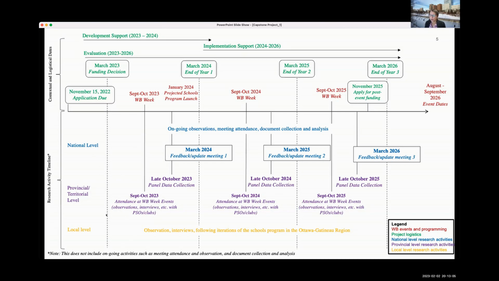So here you see all the things that are going to happen. We're going to have wheelchair basketball week events in the province, but we are also going to have, in this area here, projected school programs. So we envision we will have a first school program around January 24. So the timing is perfect for undergraduate students.